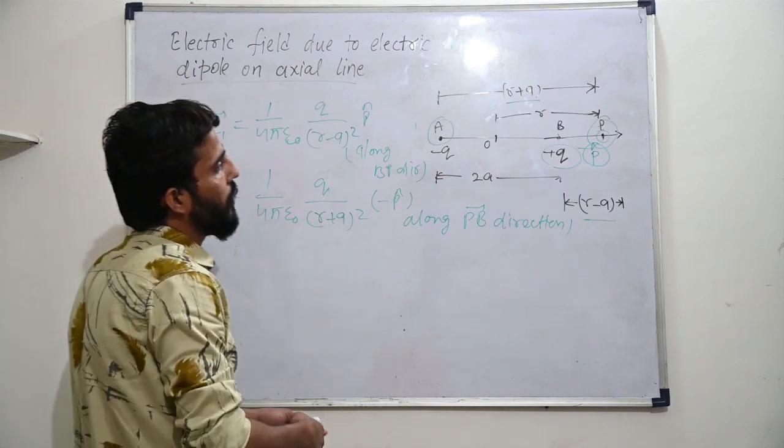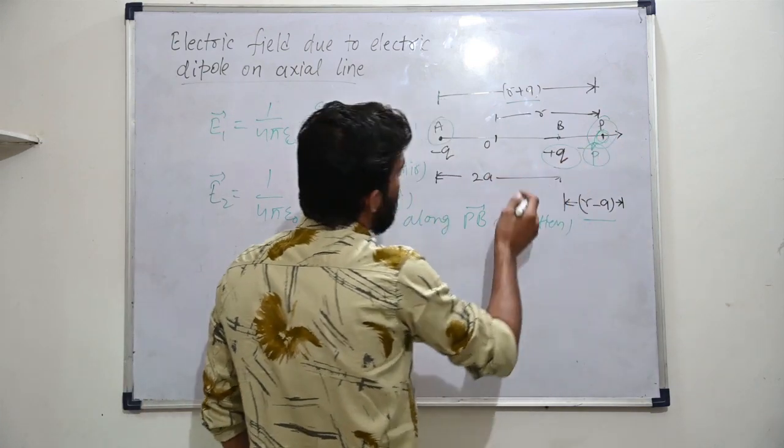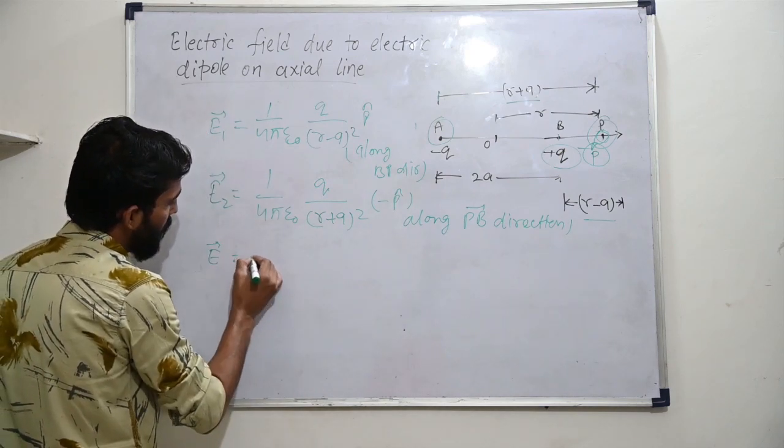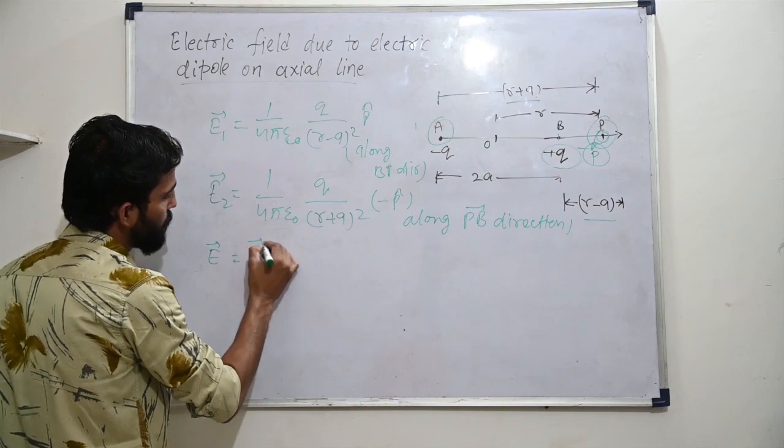So the total electric field at point P by the electric dipole is E1 plus E2.